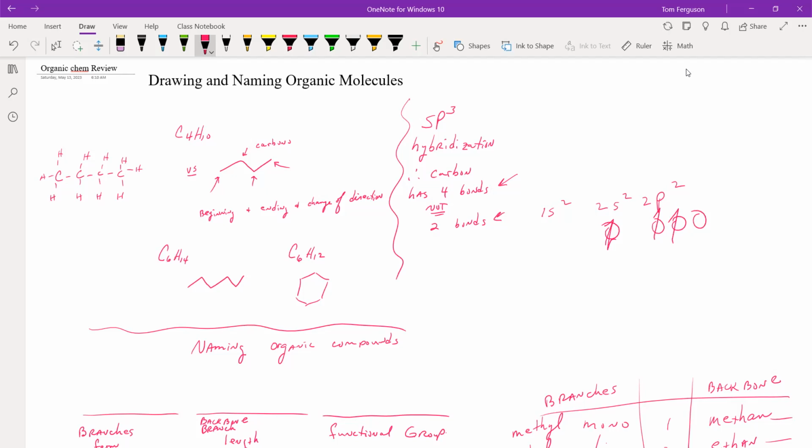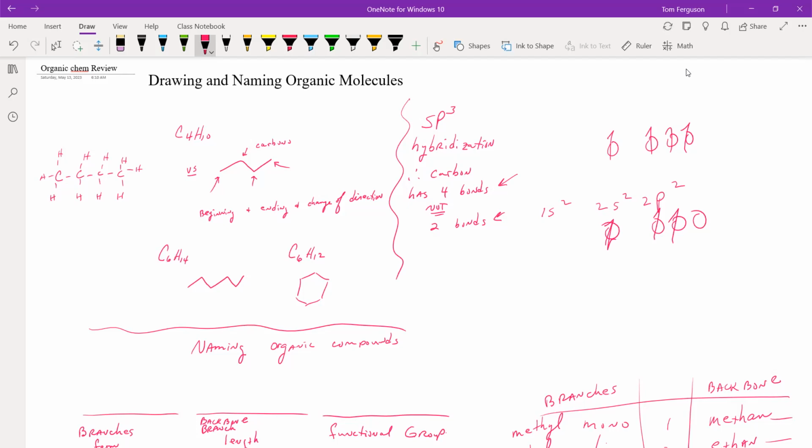If we wrote the standard electronic configuration orbitals, we'd have 2 singletons. That means we could bond twice. However, once we hybridize, we end up with 4 singletons. We hybridize the 2S and the 2 Ps to form 4 singletons, meaning we can bond 4 times. sp3 hybridization.